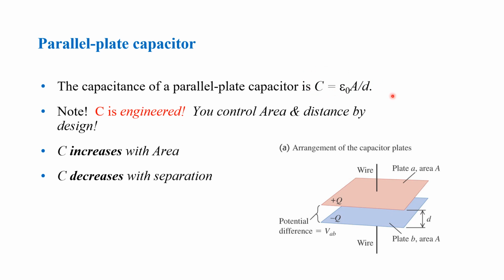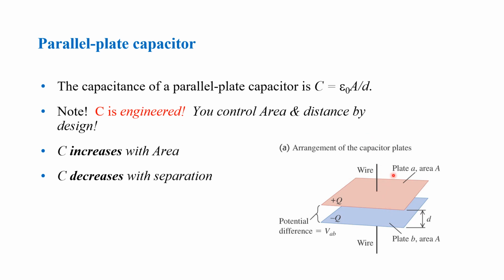As you can see from this equation, you can actually engineer your capacitance C by controlling the area and the distance of your design. Your capacitance increases with your area: the larger the area of your plates, the larger the capacitance. And your capacitance decreases with your separation: if you increase the separation distance of your two plates, the capacitance decreases.